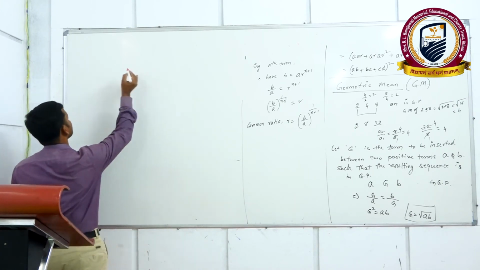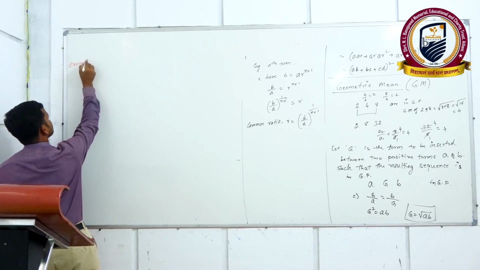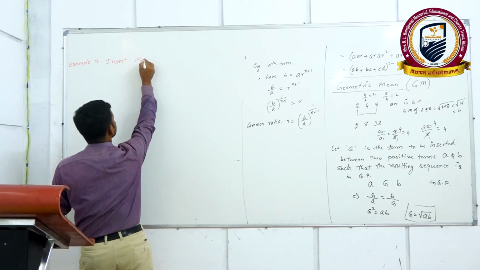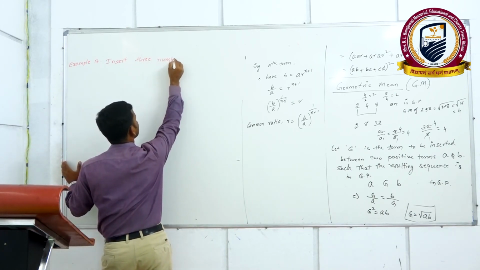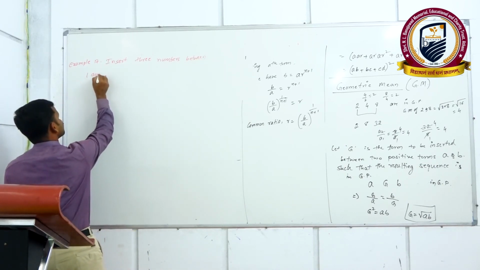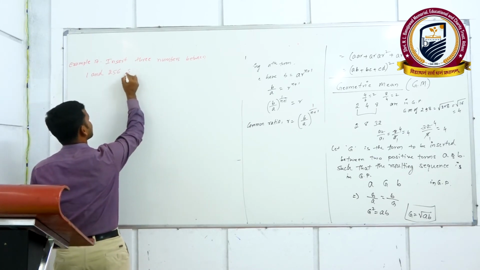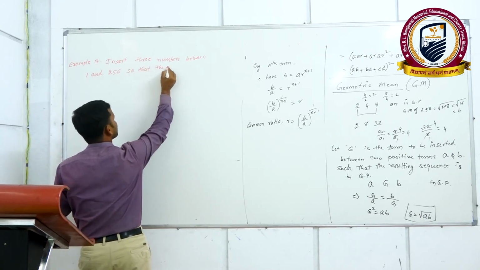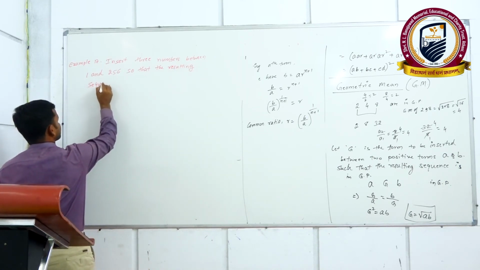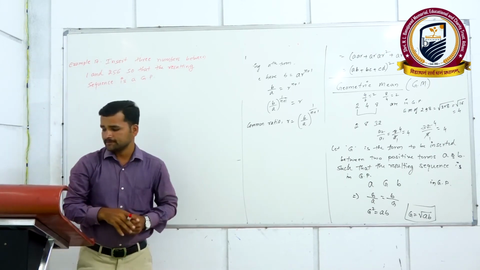Insert three numbers between 1 and 256, so that the resulting sequence is a GP, a geometric progression.